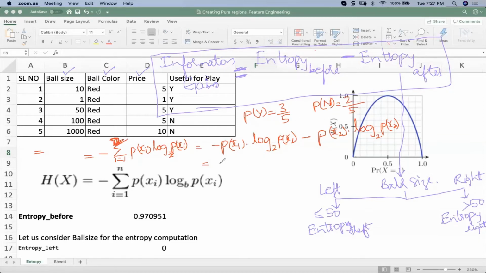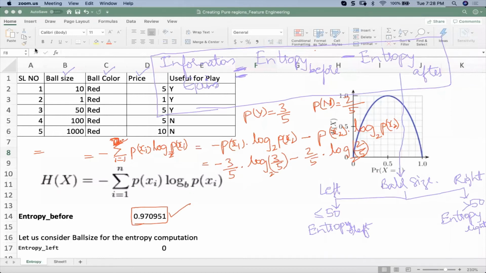Okay, so let's write it. Minus 3 by 5 into log of 3 by 5 base 2, minus, that's what I substituted here. P of x2 is 2 by 5 into log of 2 by 5 base 2. When you actually solve this, you get this.